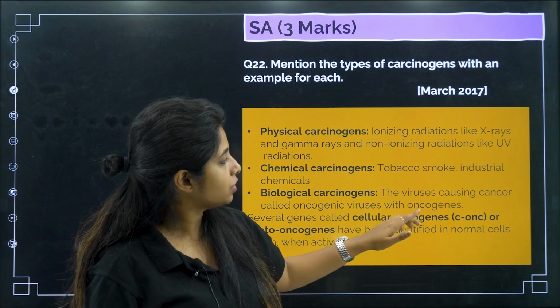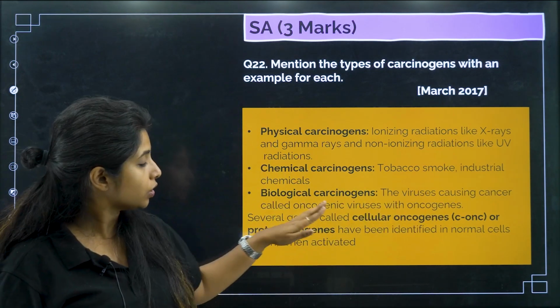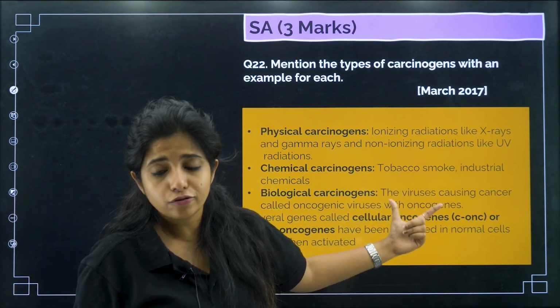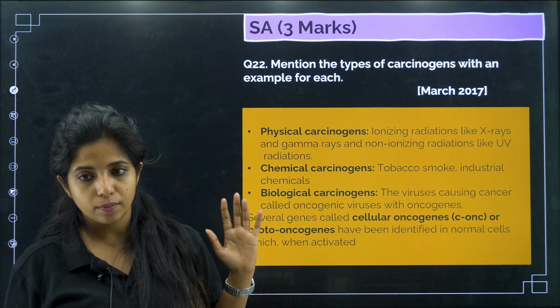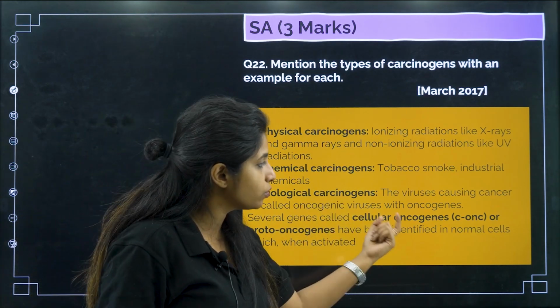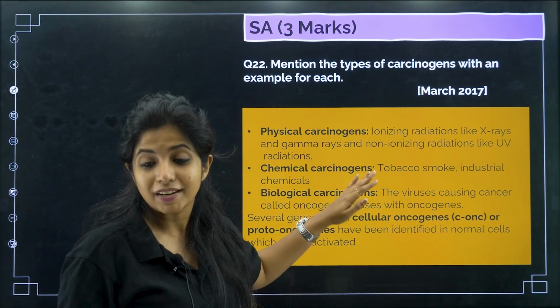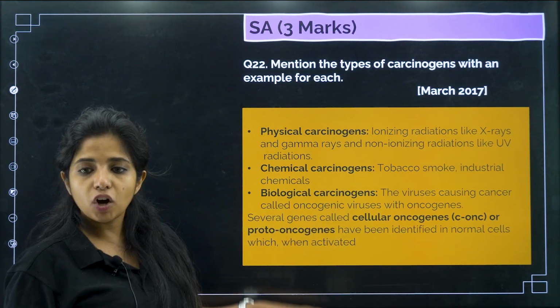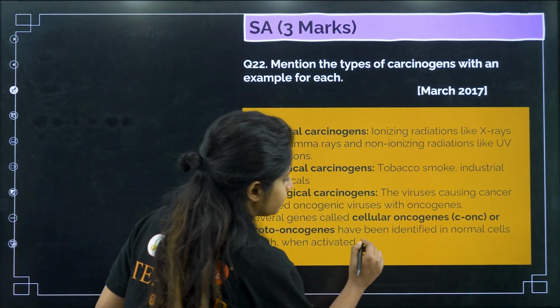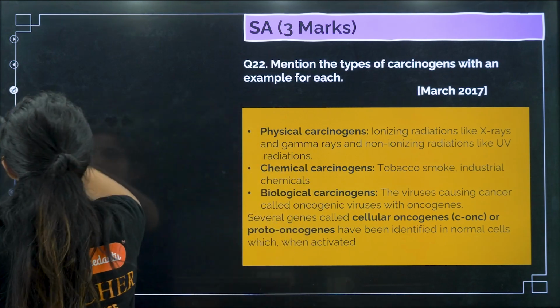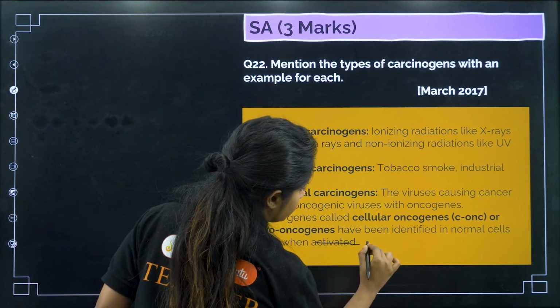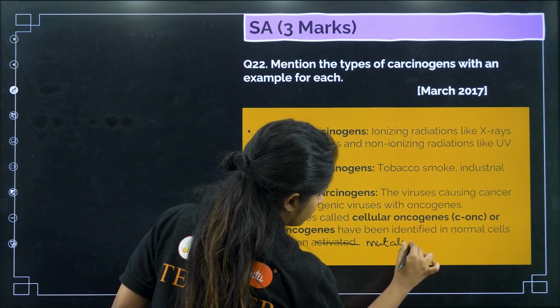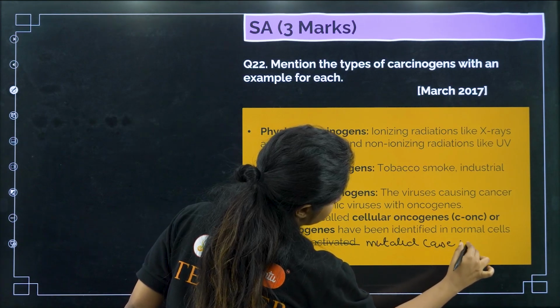In biological carcinogen, you have viruses causing cancer, called oncogenic viruses, with oncogenes. So when they put it in, we have trouble. Then several genes called cellular oncogenes or C-onc, which is very important. Cellular oncogenes, or what you call proto-oncogenes, have been identified in normal cells, which when activated, or basically when mutated, cause cancer.